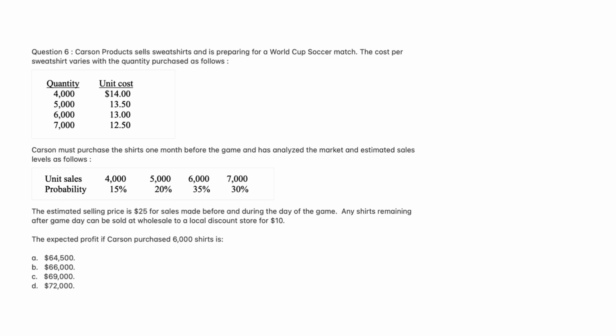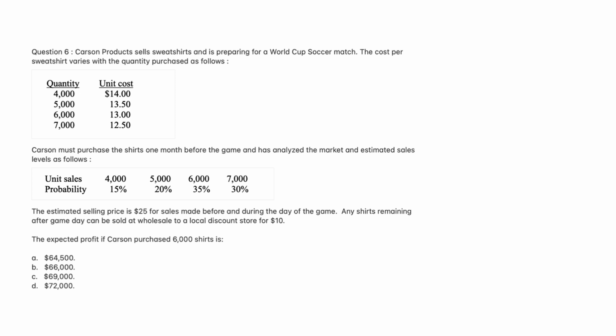Question 6. Carson Products sells sweatshirts and is preparing for a World Cup soccer match. The cost per sweatshirt varies with the quantity purchased as follows. Carson must purchase the shirts 1 month before the game and has analyzed the market and estimated sales levels as follows. The estimated selling price is $25 for sales made before and during the day of the game.